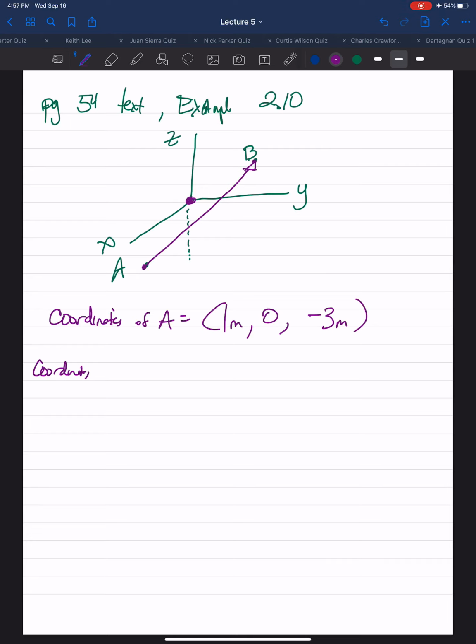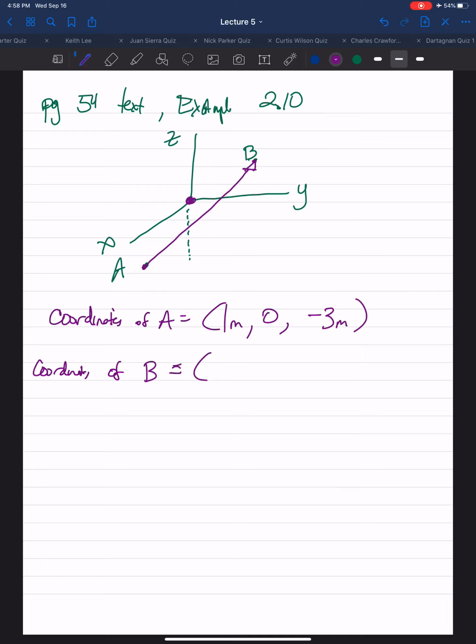Likewise, for the coordinates of point B, to get from the origin to point B, in the x direction, you see you have to go in the negative x direction.